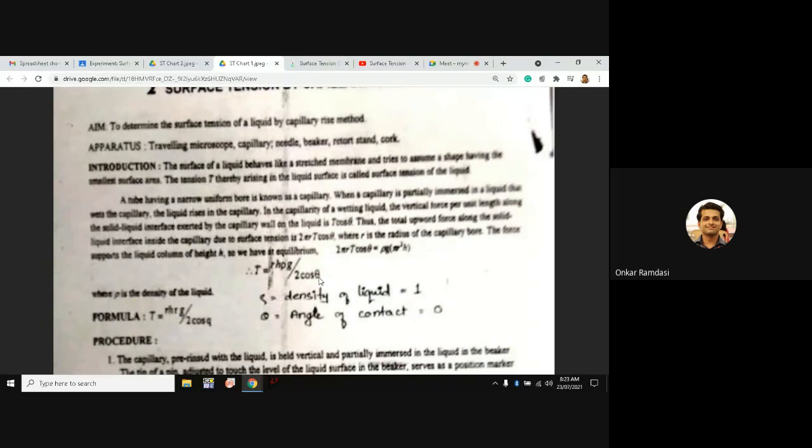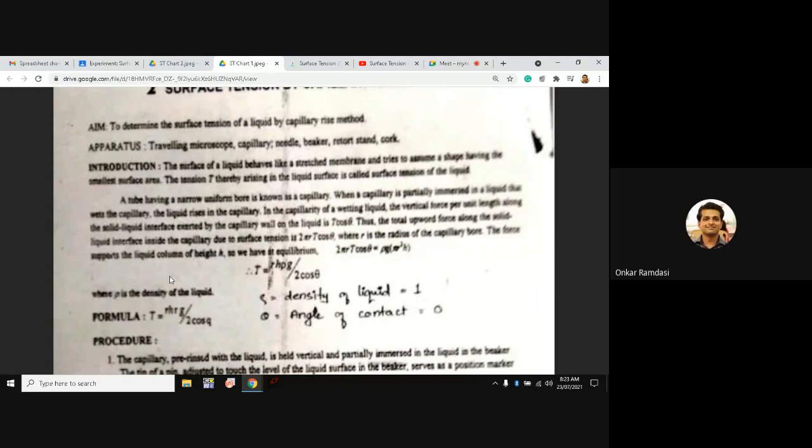So cos theta will be 1 as theta equals 0. So your final formula will be T equals r h rho g upon 2. I hope this is clear, everyone. Yes, sir. Okay, simple one.